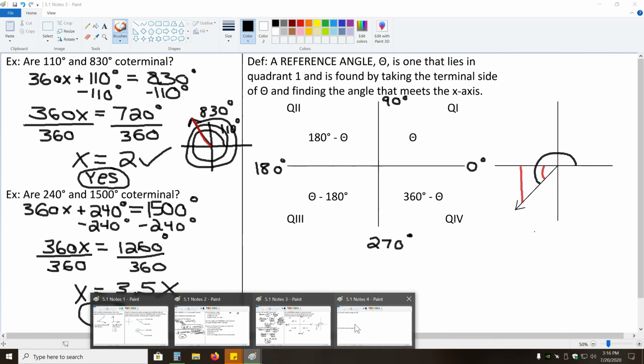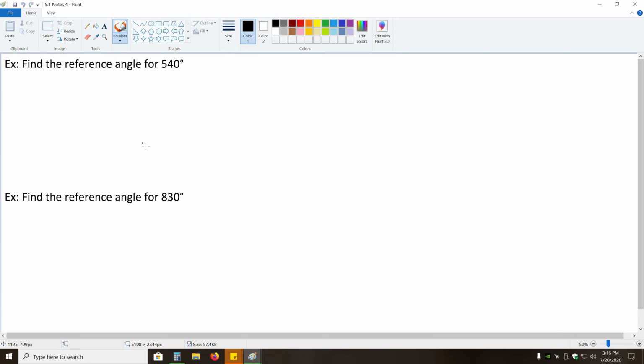All right, so let's go ahead and try these two examples. We want to find the reference angle for 540 degrees. So starting off, notice this is greater than or equal to 360 degrees, so we have to start by subtracting 360 degrees from this value to get rid of that extra complete rotation, which we can't have when we're finding a reference angle.